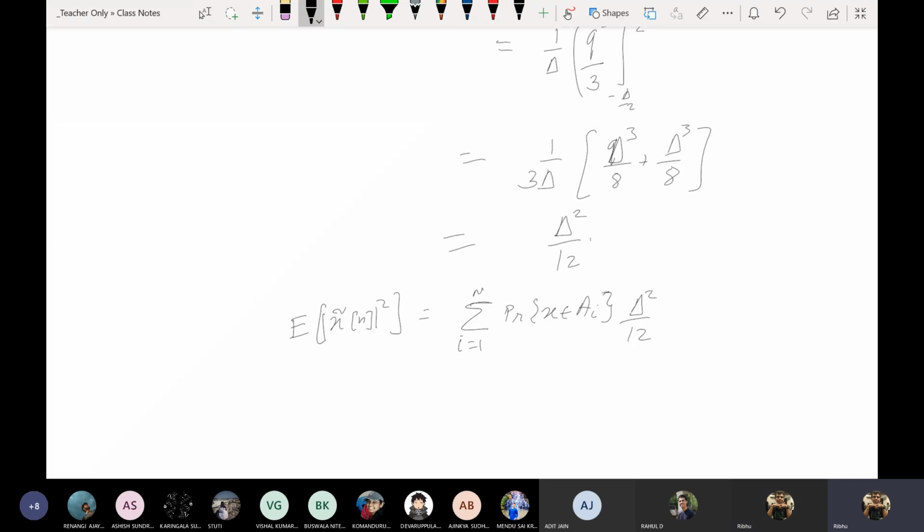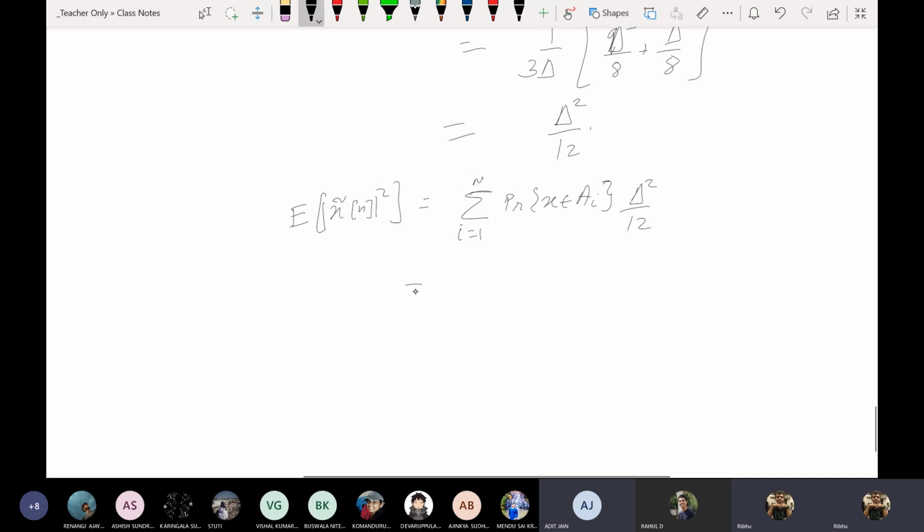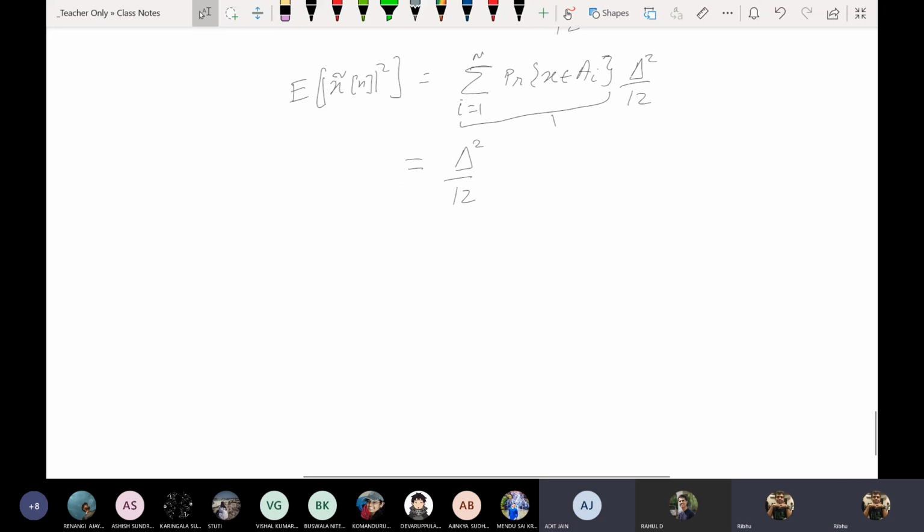Equals, this is 1. So the quantization noise power. Since this quantization error acts as a noise, we call this quantization noise.